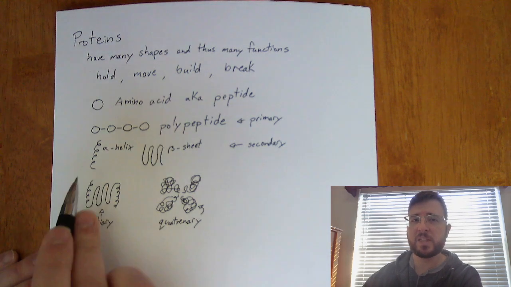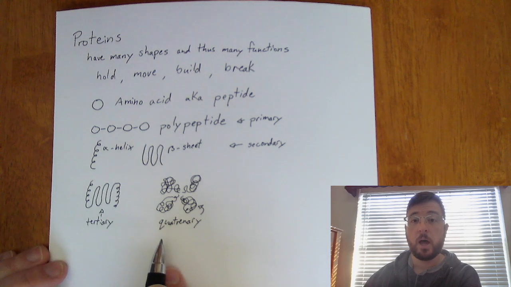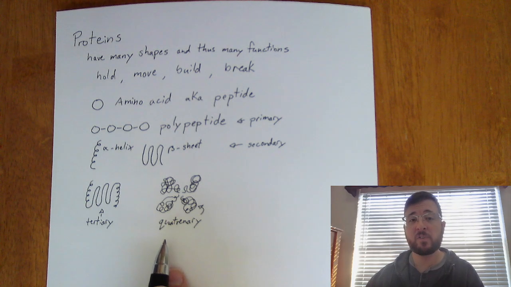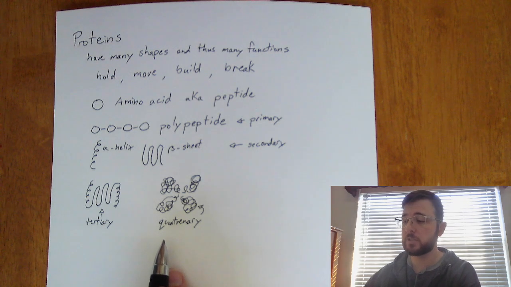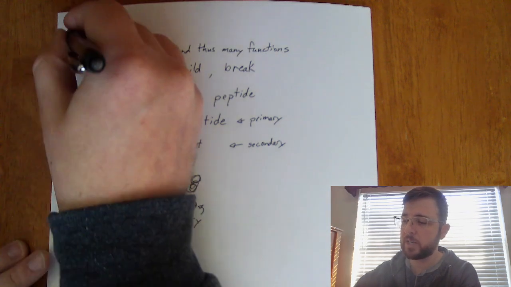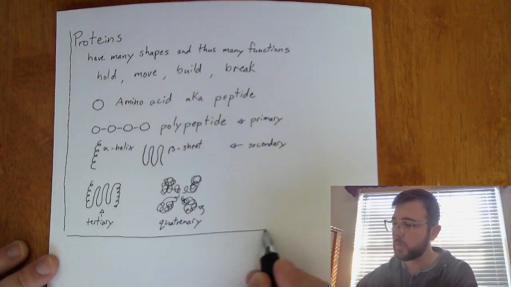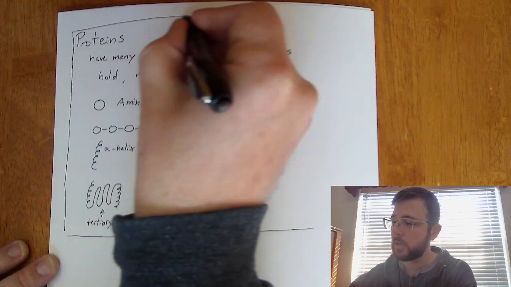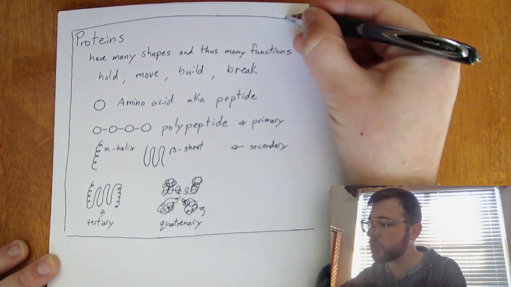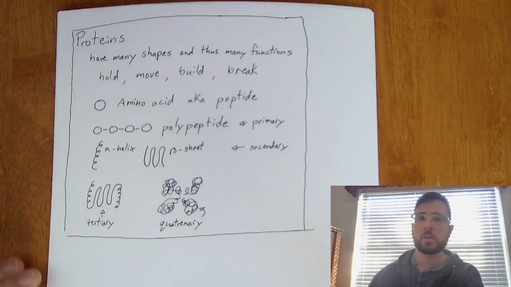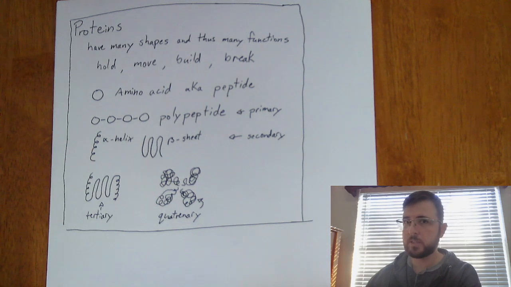So all of these layers of structures allow proteins to take all kinds of different shapes and have a variety of functions. So we'll go ahead and box this off in our notes to keep them separate from the rest of our notes. Anytime you can draw for your notes is good. It's a good practice. So there's our proteins.